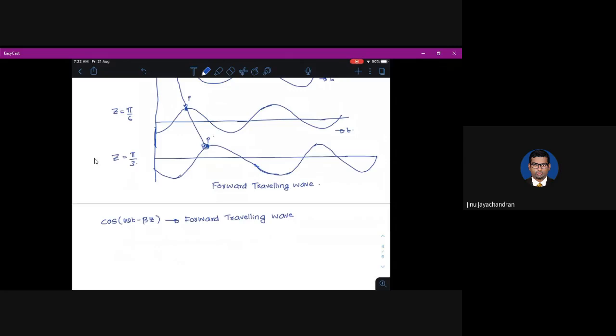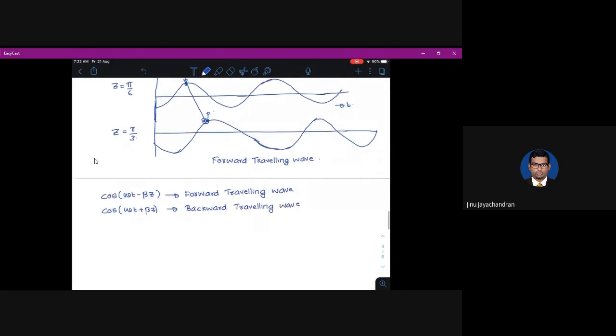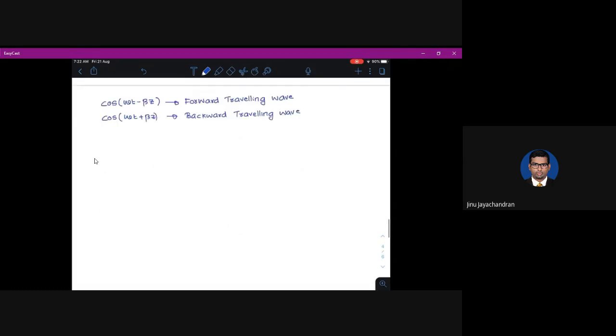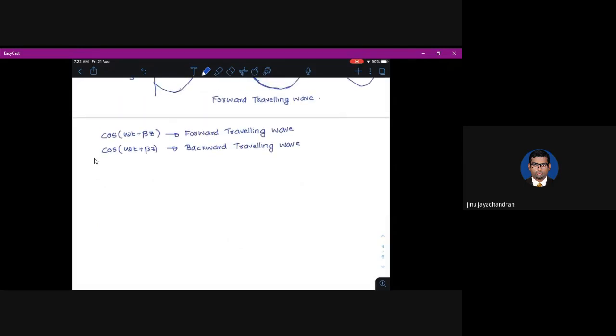I'm not going to derive for cos of omega t plus beta z, because this will be a backward traveling wave. So if you are in this waveform where it is cos of omega t plus beta z, you feel that you are going backwards. You see the wave, but you feel that you are going backwards.